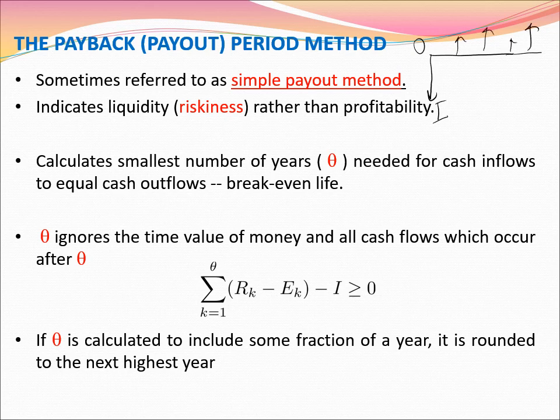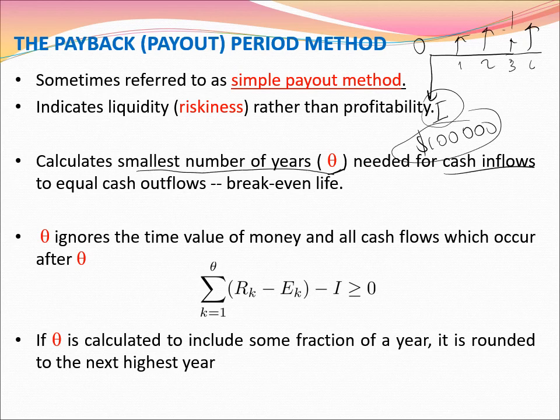And okay, we have this initial investment, let's say $100,000. So at what time will we be earning this back? We will be earning this 100,000 back. So it is the smallest number of years needed for cash inflows to equal cash outflows.